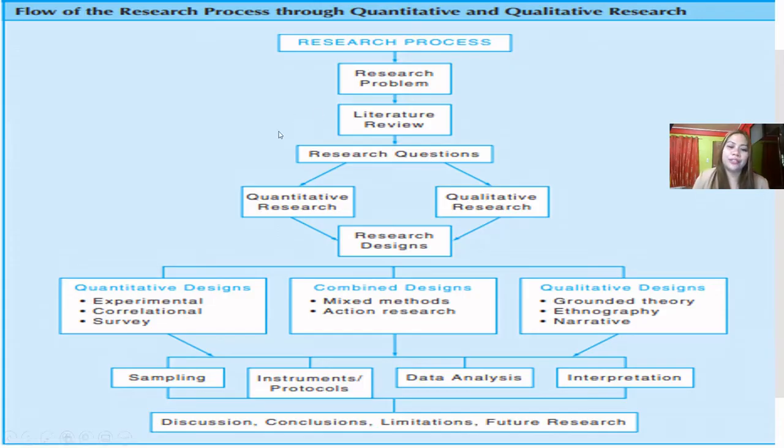So these are the research designs under the following methods: quantitative research and qualitative research. After identifying the method on how you can best achieve the purpose of your research, whether quantitative or qualitative, you now have to choose the design of your study.